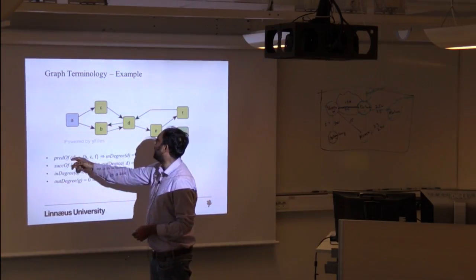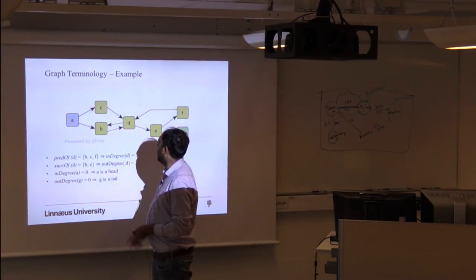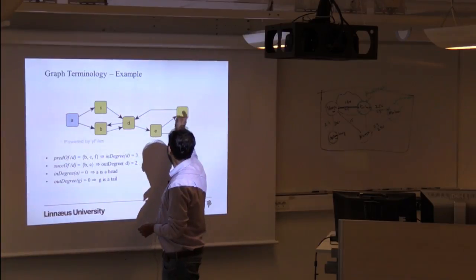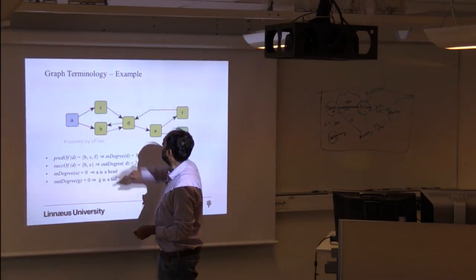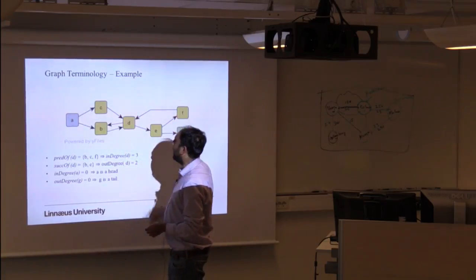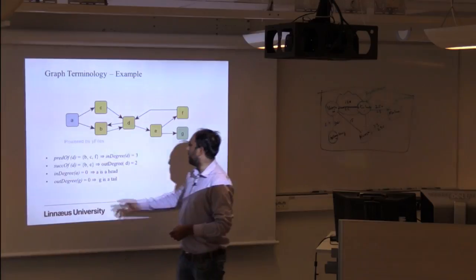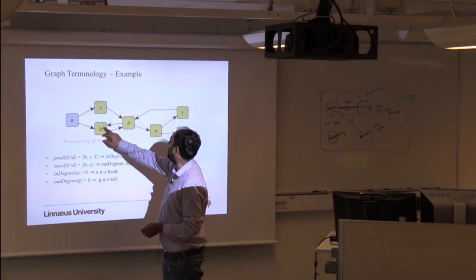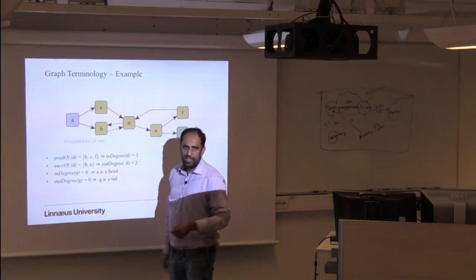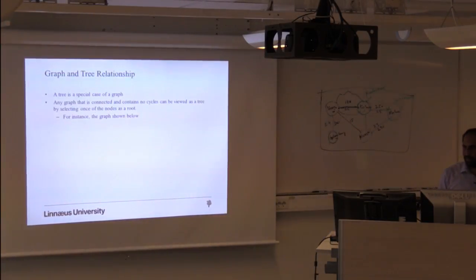The predecessors of D are the incoming ones, because there are 3 incoming edges: B, C, and F are the predecessors. And for successors, from D we can go to either B or E. So these are the successors. This is simple, nothing complicated.